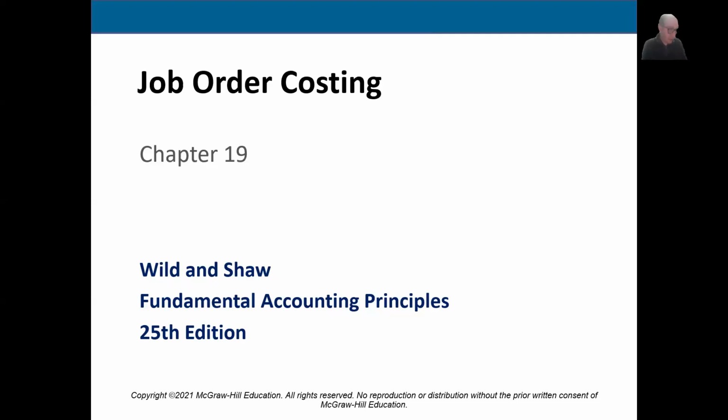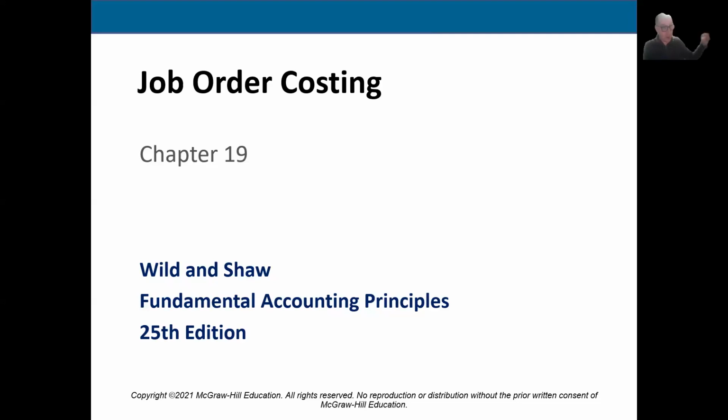Now that we've switched gears from managerial accounting basic concepts, now let's talk about a concept called job order costing. One of the last things we talked about in the last chapter was called just-in-time manufacturing. Just-in-time manufacturing takes into consideration the customer's order.